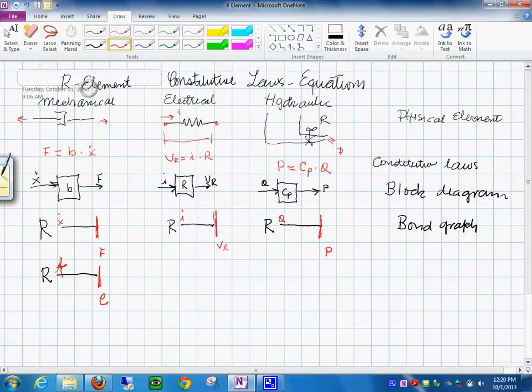This other one on this side, let's change colors here.